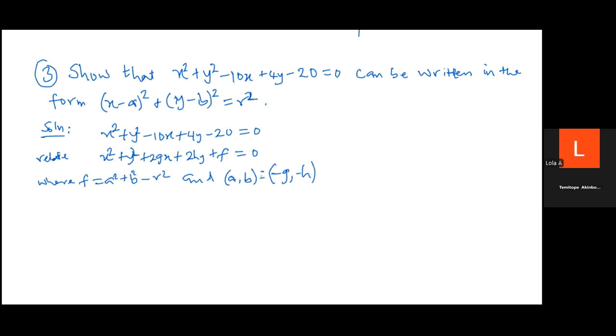Relating this first equation to this second equation that we recall, we can say that minus 10x is equal to 2gx, then 4y equals 2hy, and minus 20 equals f. Is that clear?